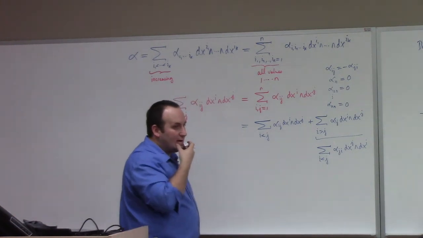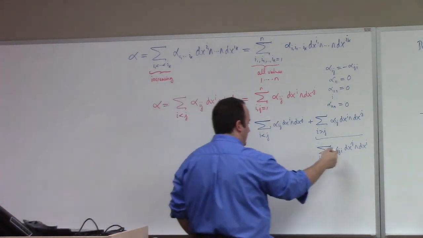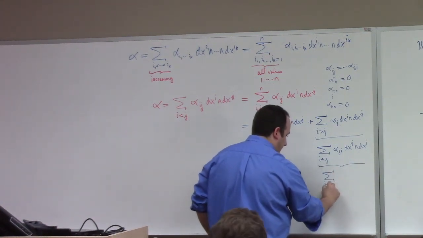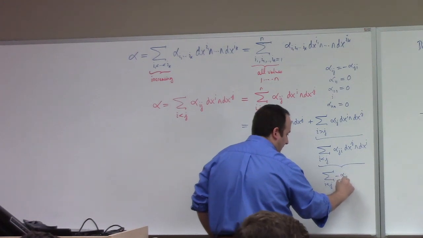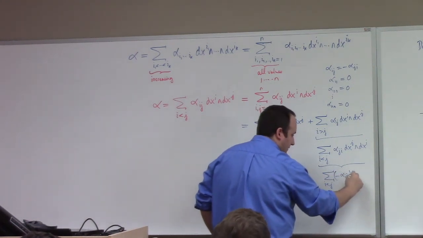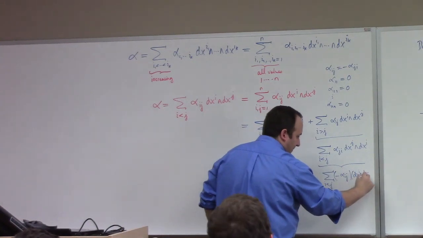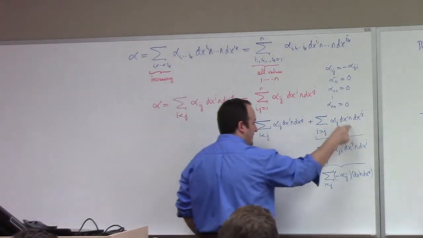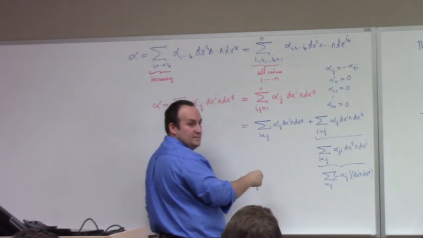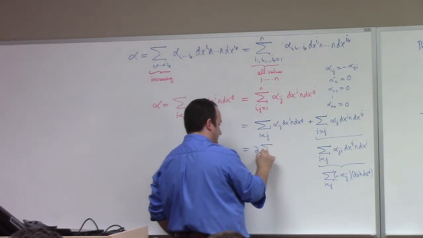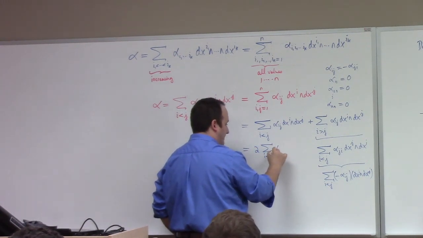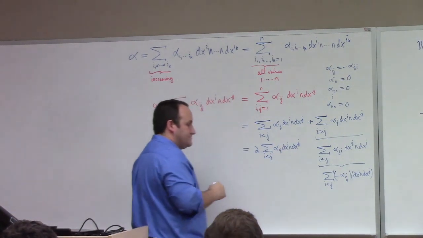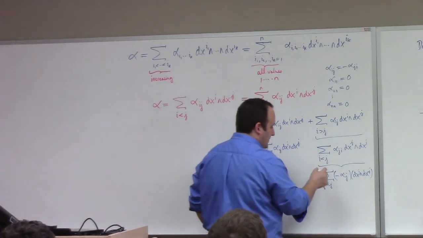Well, all right, but this can be rewritten as the sum over i less than j of minus alpha_ij, flipping these, dx^i wedge dx^j. In other words, this is that. So we get 2 times negative dx^i wedge dx^j. Negatives on the bottom. There's 2.